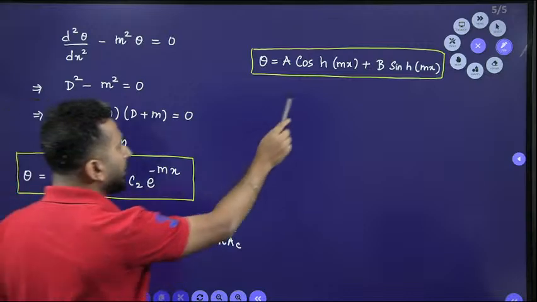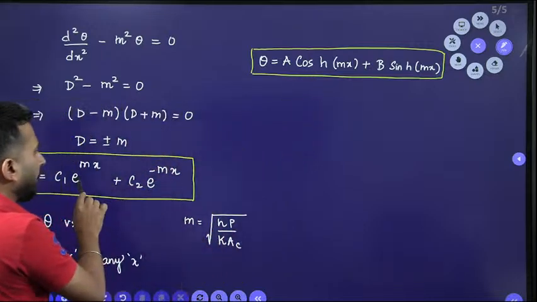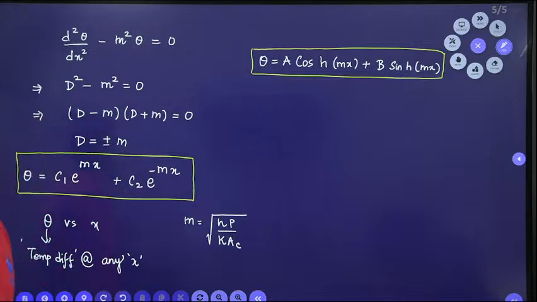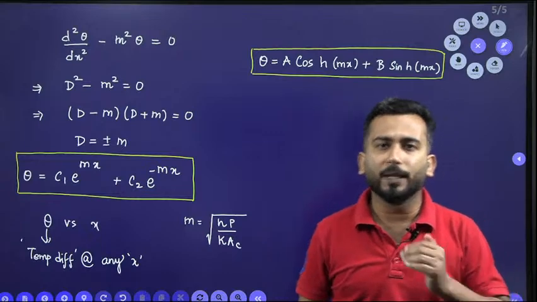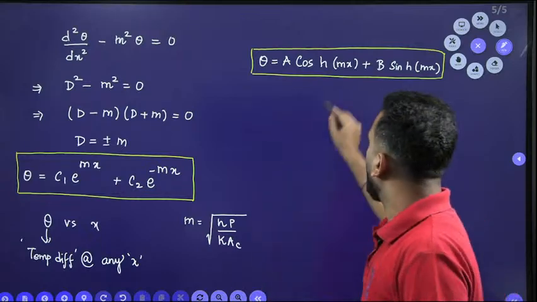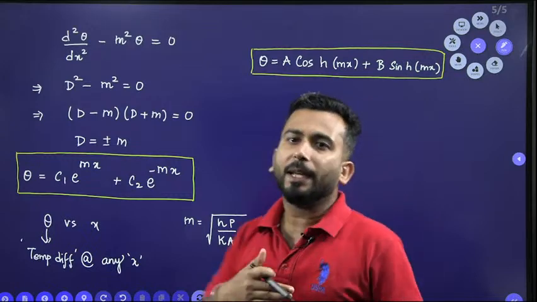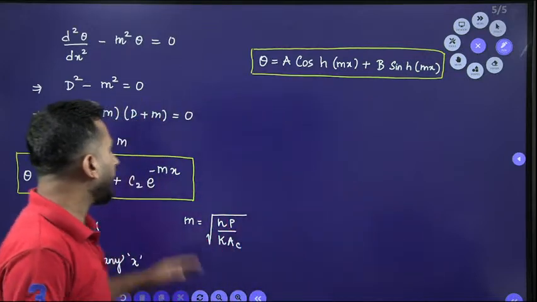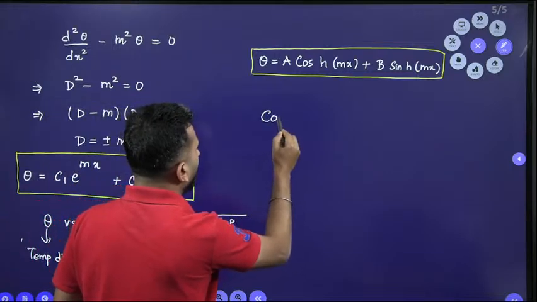Why? Because you know that cos hyperbolic mx and sin hyperbolic mx can be expressed in terms of exponential functions. I repeat, this function and this function are same.